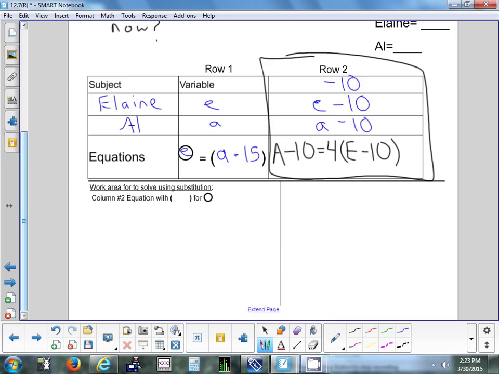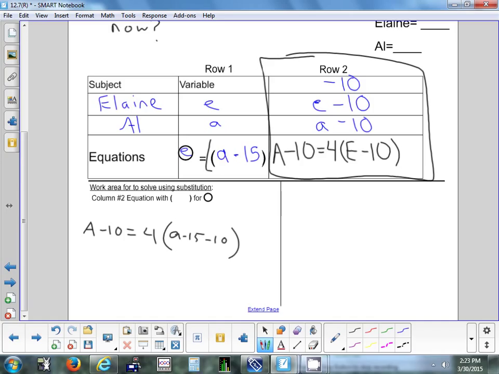Go ahead. You said plug in what? A minus 10 equals 4, and then you put the parentheses. Okay, let me start writing that down. A minus 10 equals 4. Yep. And you put the parentheses of A minus 15 minus 10. Perfect. Okay.